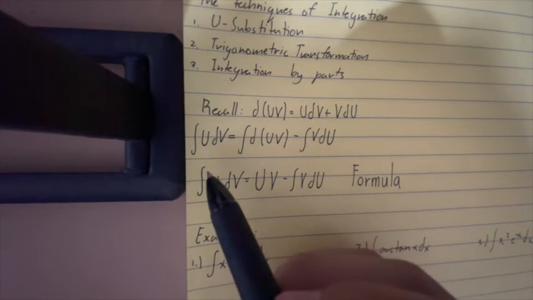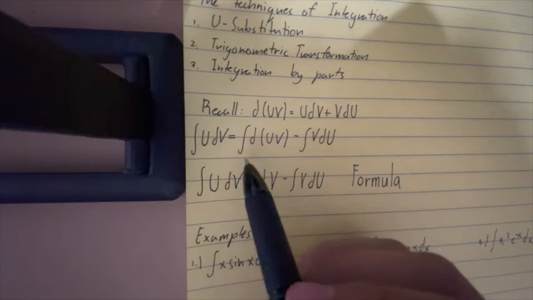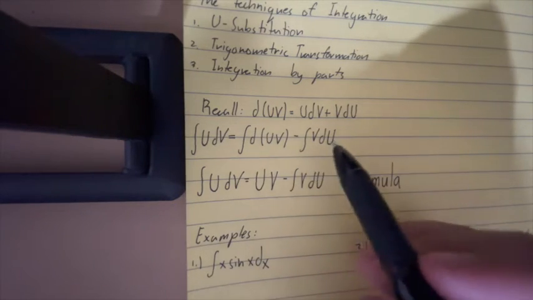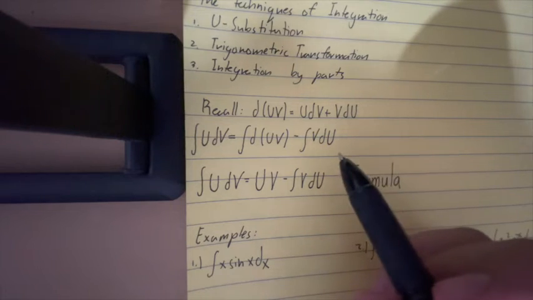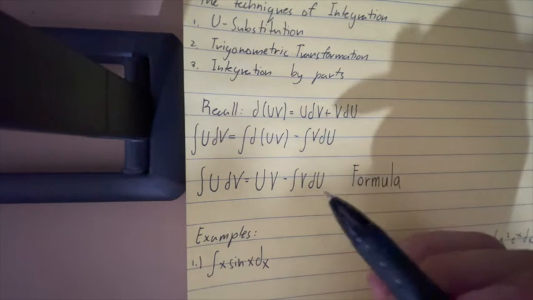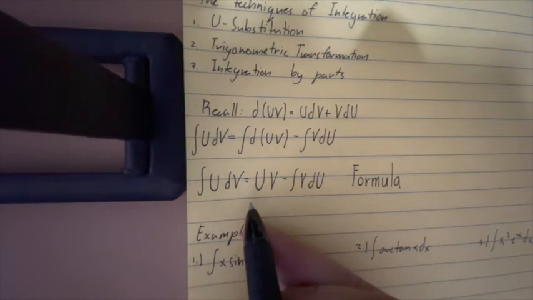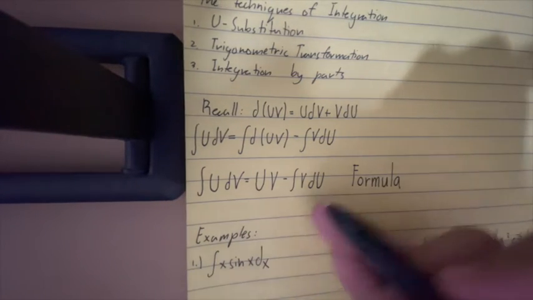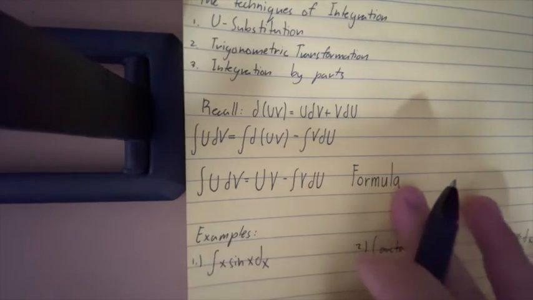The integral of u dv equals the integral of d of uv minus the integral of v du. Integrating both sides, we have the integral of u dv equals uv minus the integral of v du. And this will be your formula.